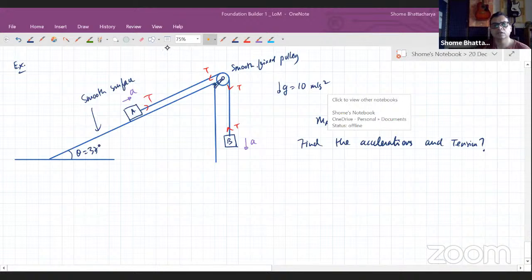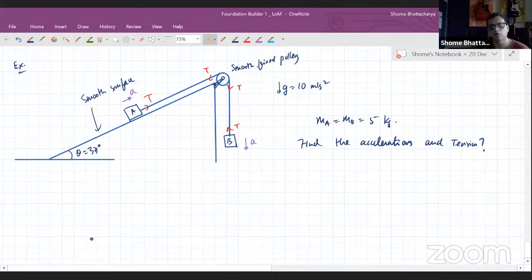Okay, so let us look at the individual free body diagrams. For the block A, again you can see that you have to resolve the weight into the components. So mg cos 37 in this case, and mg sin 37.